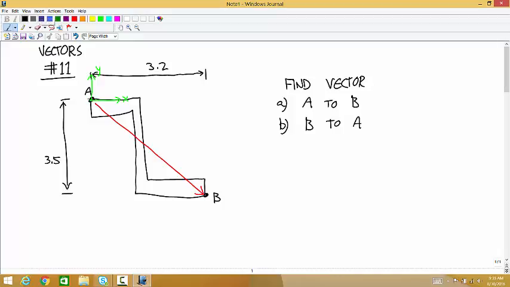So if this is the coordinate system, what are the coordinates of that point B? It's in the positive x direction 3.2, in the negative y direction 3.5, and so that's that vector.